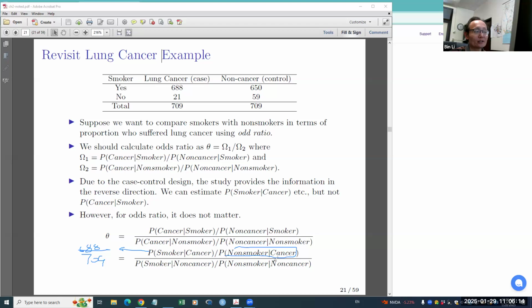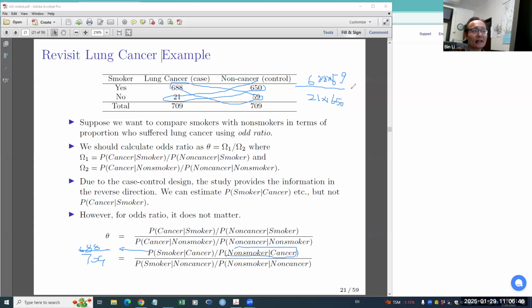Okay, and you can do it in this way, but the quick way is using the product of the diagonal, right? So it's 688 times 59, then over the off-diagonals, that's 21 times 650.